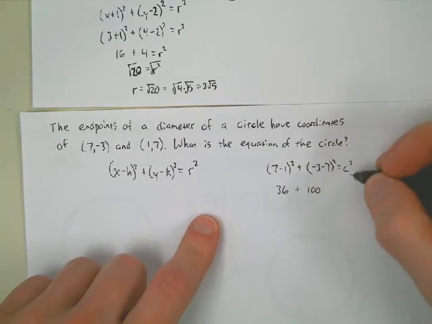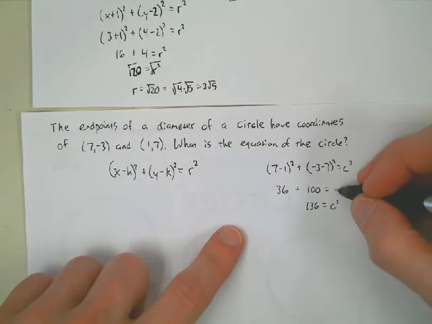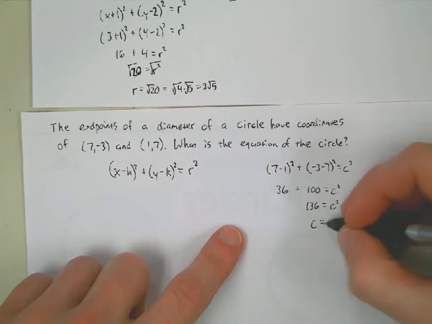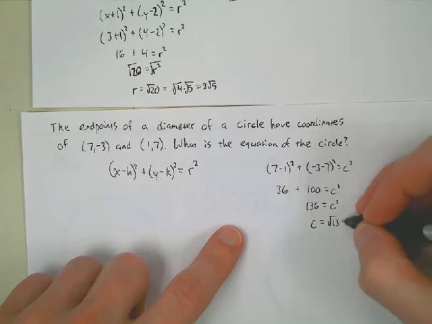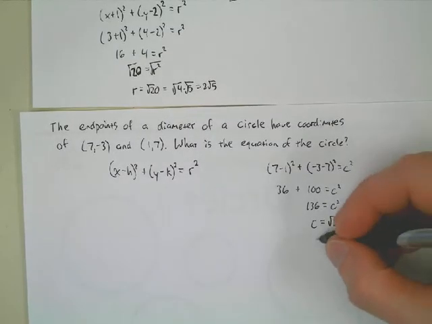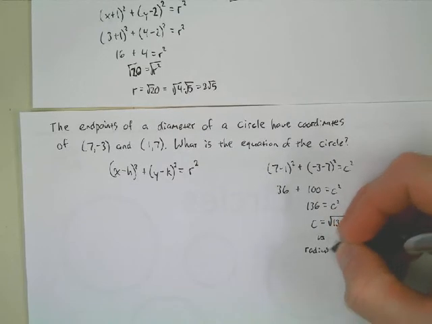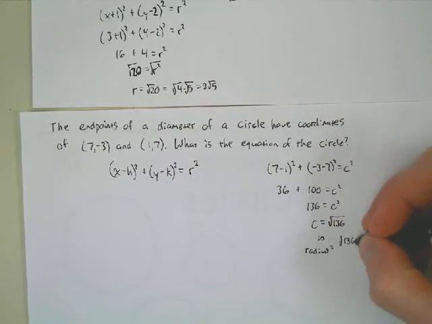And so that's going to be 136. And so then the distance there would be the square root of 136. But you said we have to divide that by 2, though, right? Yeah. Okay, so the radius then is equal to the square root of 136 divided by 2. Okay, so that gives us the radius.